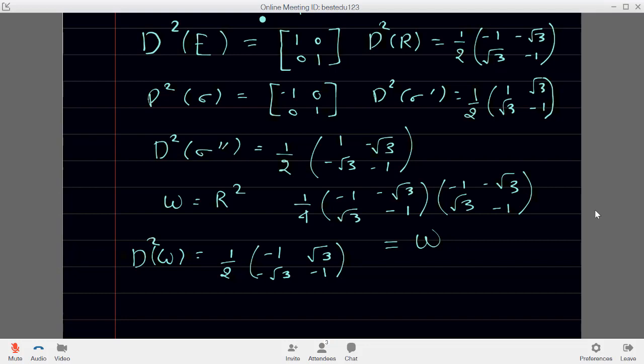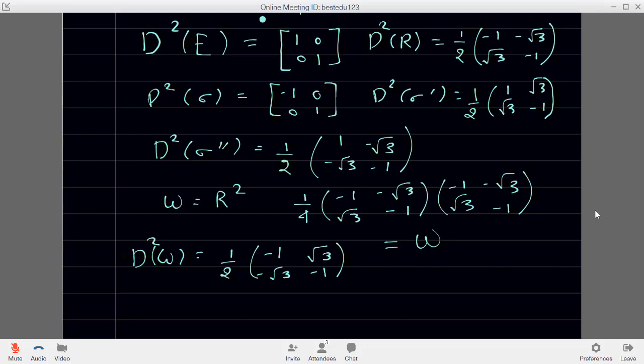But the information I wanted to convey here is that if you have group elements, and you know the operations, that if you multiply two group elements you exactly know which group element you will end up with, then you can represent those group elements using matrices.